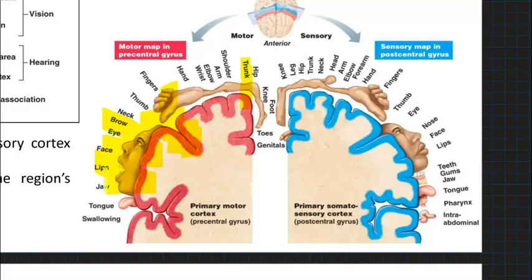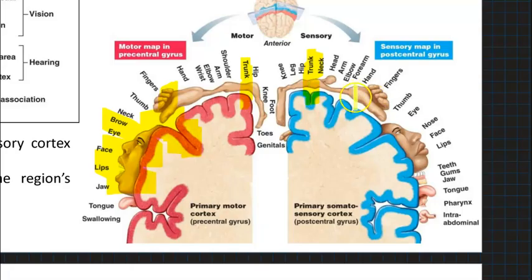So all in all, the size of the area that controls a certain group of muscles corresponds to the precision of movements that these muscles can produce. Now, what about sensory receptors? Again, this is trunk. Very small area.